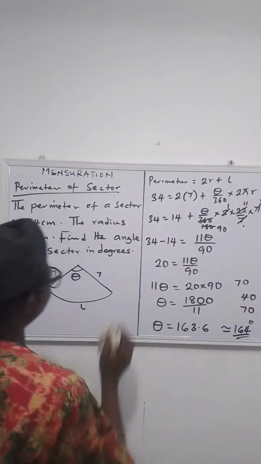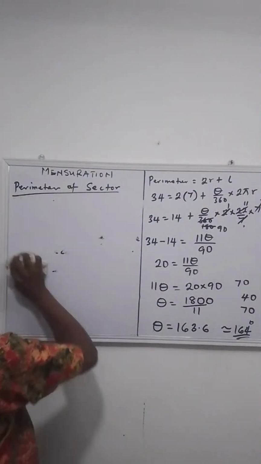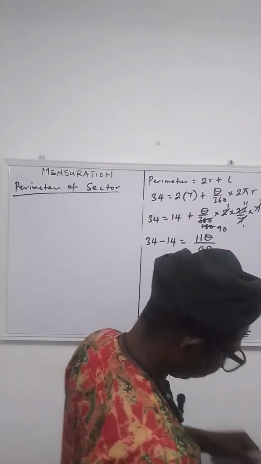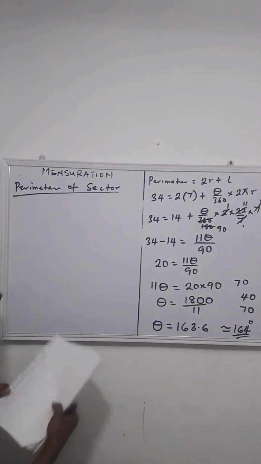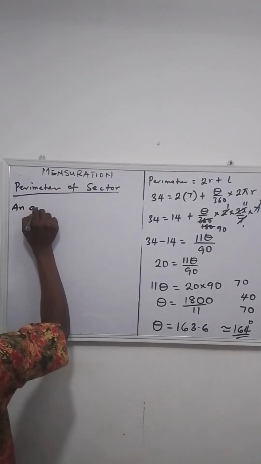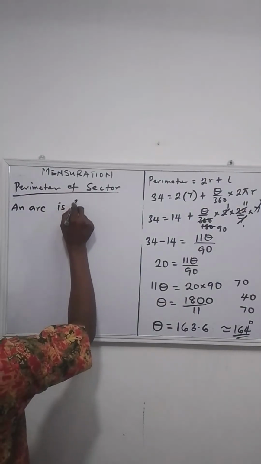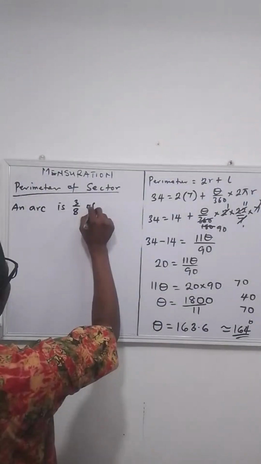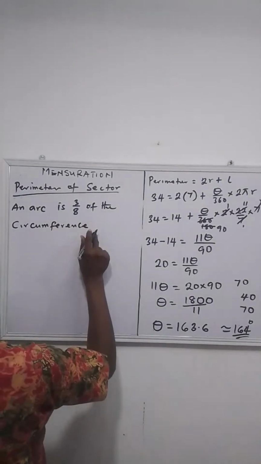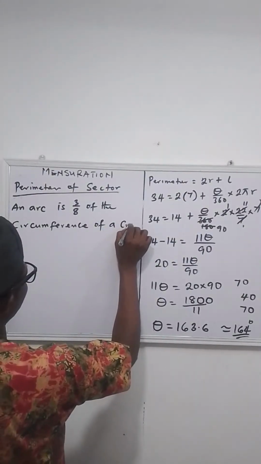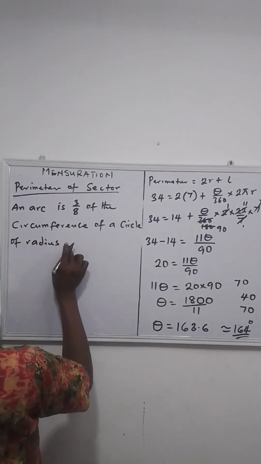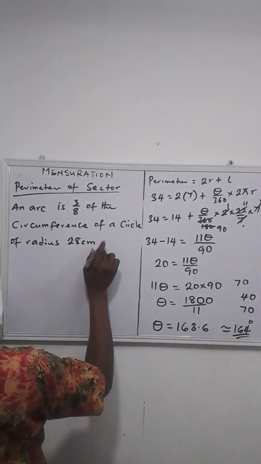An arc is 3/8 of the circumference of a circle of radius 28 centimeters.